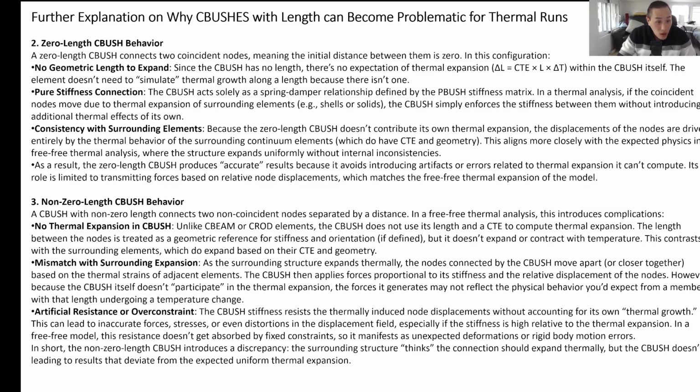In a free model, this resistance doesn't get absorbed by fixed constraints, so it manifests as unexpected deformations or rigid body motion errors. In short, the non-zero length CBUSH introduces a discrepancy. The surrounding structure thinks the connection should expand thermally, but the CBUSH doesn't, leading to results that deviate from the expected uniform thermal expansion.